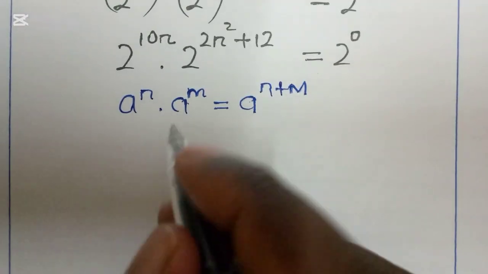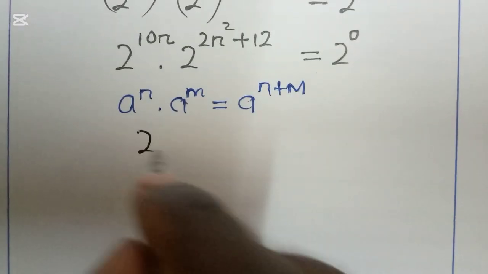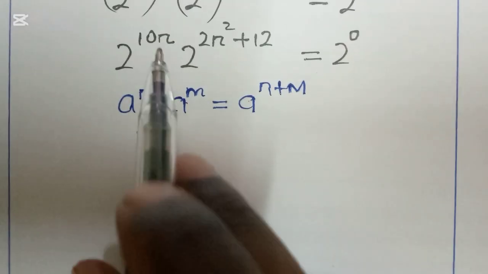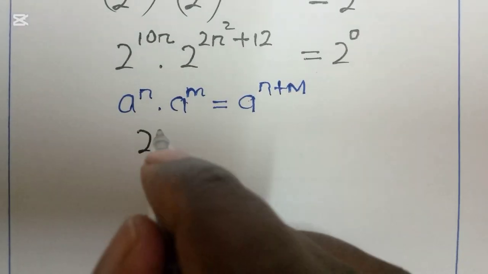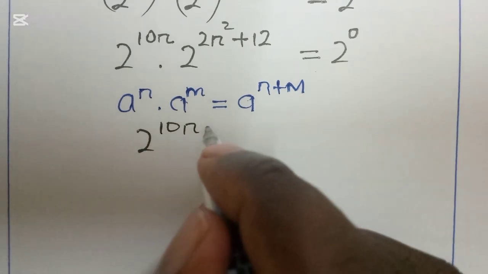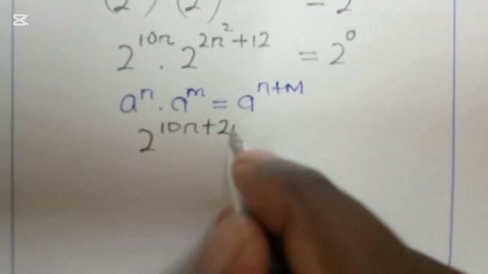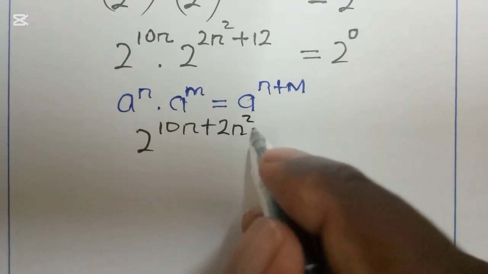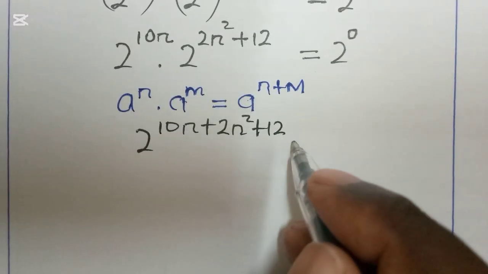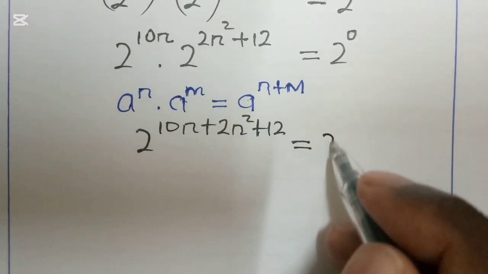Just as we have added n plus m, the powers, the same case we do here. Then we shall have 2 raised to 10n plus 2n squared plus 12. All this gives us 2 raised to 0.